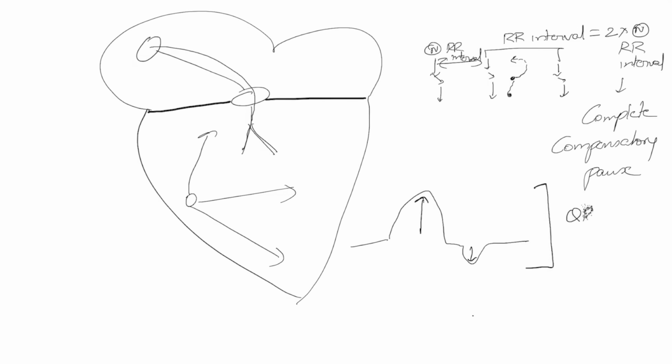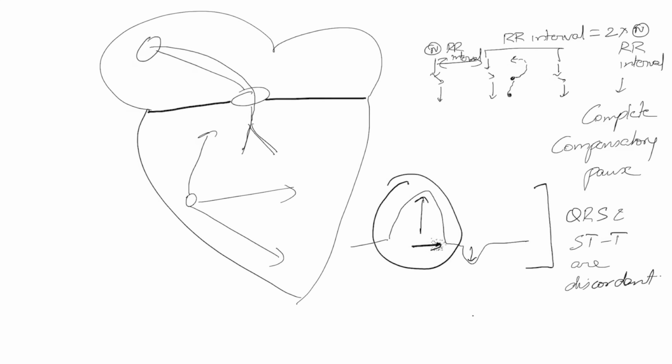So, QRS and STT are discordant, meaning they go in opposite directions. Another thing to notice is that the QRS morphology is pretty messed up and they are wide. So you have a bizarre QRS that's wide.